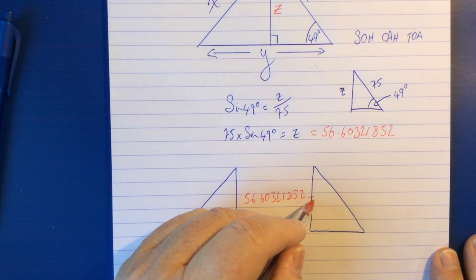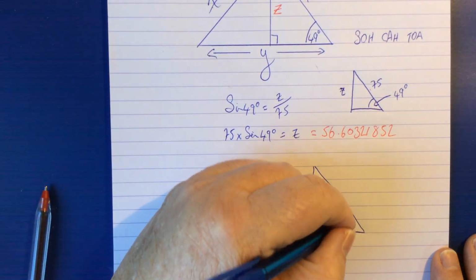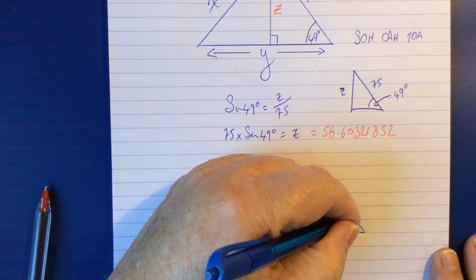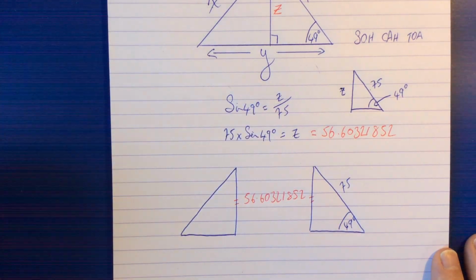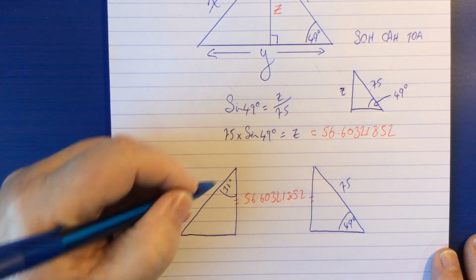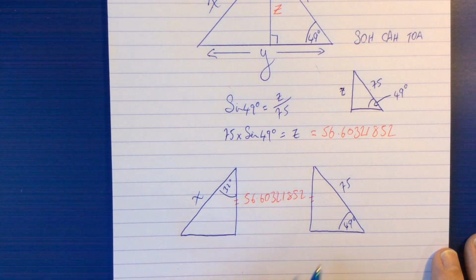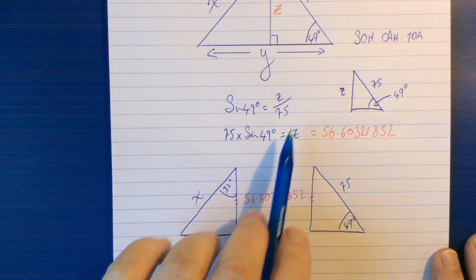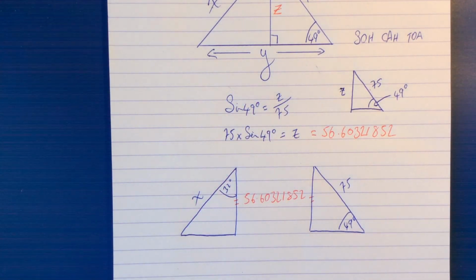Now that applies here and here. We have 49 degrees here. We have 75 there. We have 32 degrees here, and we're looking for something there. And I haven't forgotten that we're looking for the totality of this measurement here. We'll come to that. Okay, so let's deal with this now.